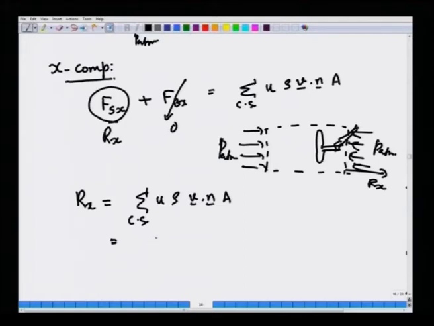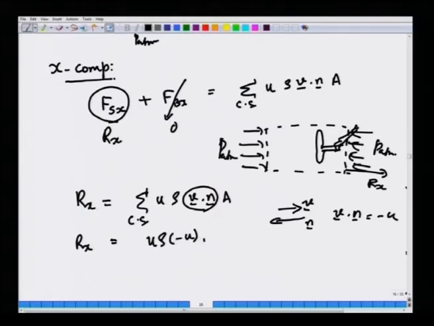So, along the inlet, u remains u. v is in the direction of plus x, whereas the unit outward normal is in the direction of minus x, so v dot n is minus u. So u times rho times minus u times A at the inlet. This is equal to minus rho u squared A at the inlet.